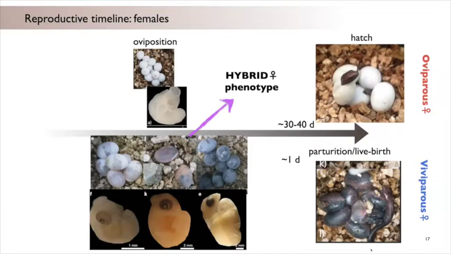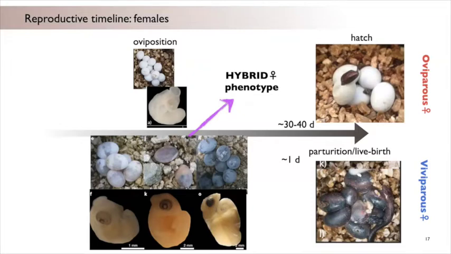And what we found, which was really exciting, and I hope would make Werner Meyer happy to know, was that we did find these hybrid phenotypes. These are a range of intermediates between the oviparous and the viviparous. Here, in the middle panel, is an example of what seems to be an exact intermediate, both genetically and phenotypically.